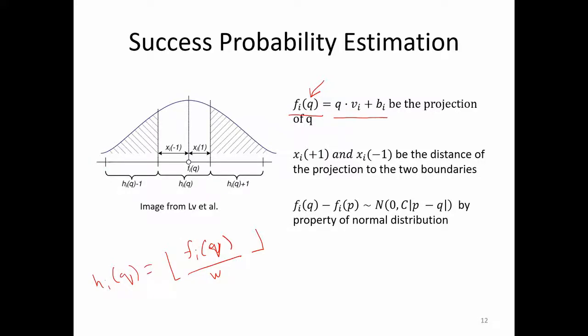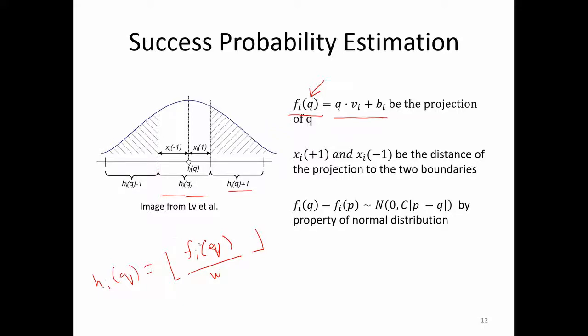Now consider this one-dimensional projection. If you are given this f_i(q), you can compute the distance of this point Q from the positive bucket, the +1 bucket, from the boundary of the +1 bucket, and you can compute the distance of this point from the boundary of the -1 bucket.